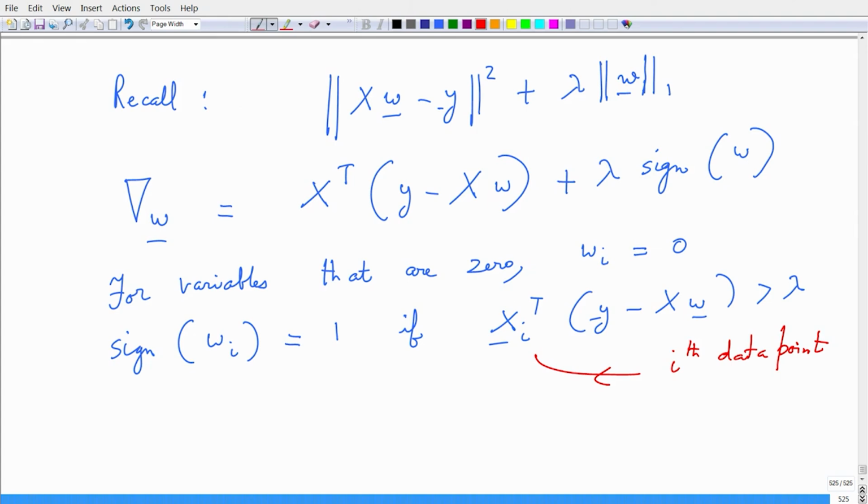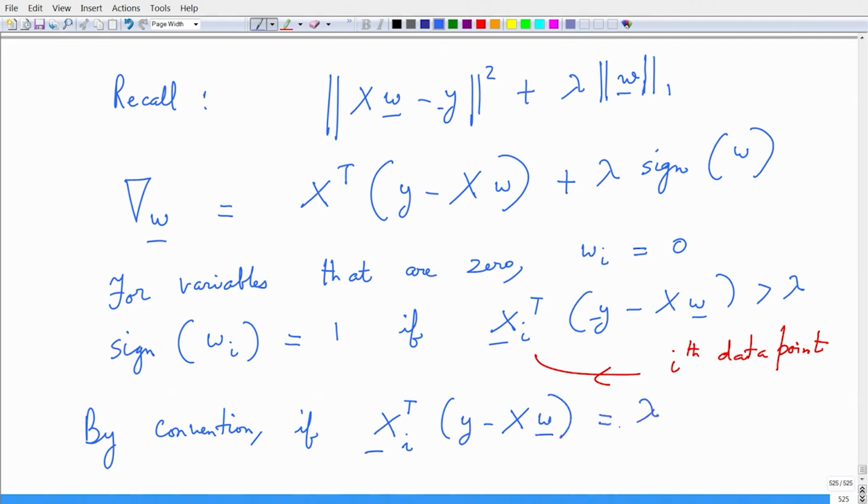Okay. Now by convention if xi transposed times y minus x w equals lambda, then the gradient is set to 0, right. So, this is how we adjust.